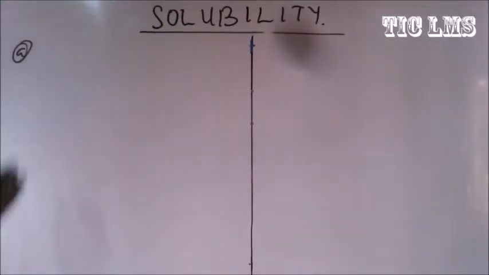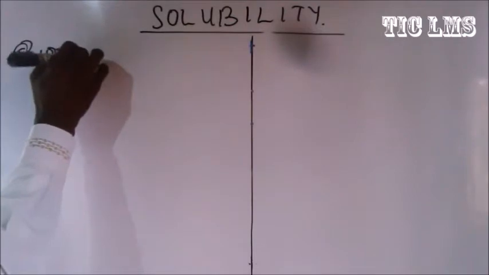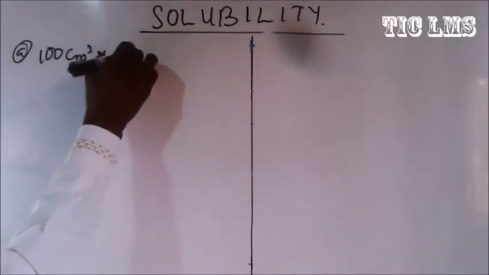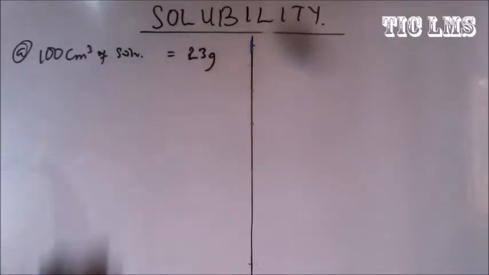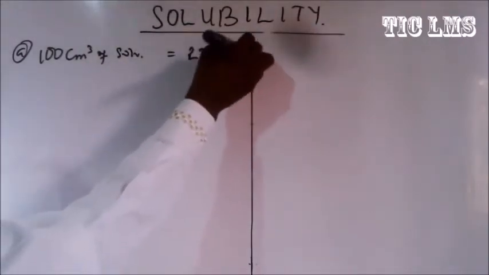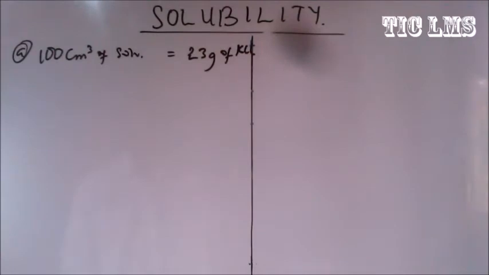And so from here we have that 100 cm cubed of solvent was saturated by 23 grams of potassium chloride. What if we have 1000 cm cubed? And don't forget that 1000 cm cubed equals 1 dm cubed.